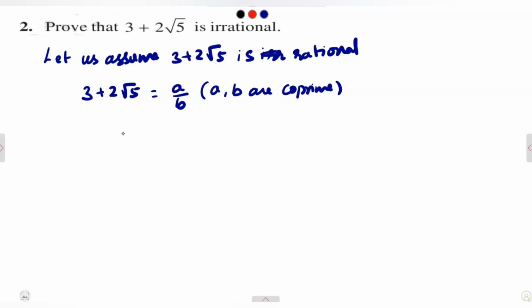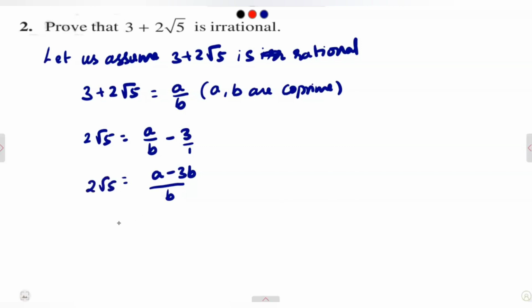Okay, now coming to here, if 3 plus 2 root 5 is equal to a by b, we can write 2 root 5 is equal to, sending 3 to the other side, a by b minus 3. So let us simplify more. By 1 you write and take LCM and simplify this. So we can write a minus 3b by b, so a minus 3b by b is equal to 2 root 5.